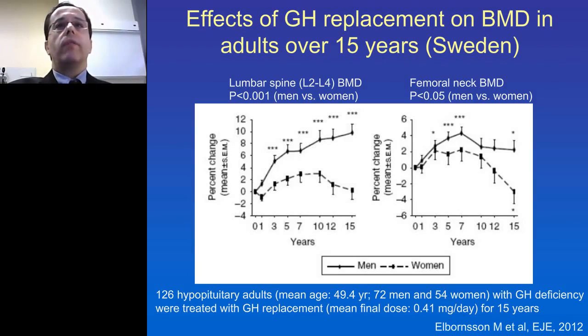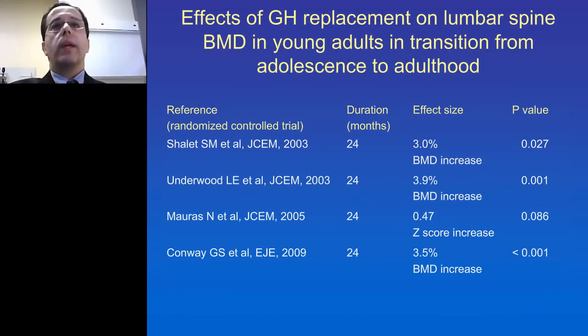Let's talk briefly about the effects of growth hormone replacement in young adults who have childhood onset growth hormone deficiency that persists during adult life. Most of these studies find that these young adults who have completed their linear growth and are still growth hormone deficient may benefit from growth hormone replacement for several years in order to optimize their peak bone mass. You can see here that 3 out of the 4 studies show p-values that are significant.